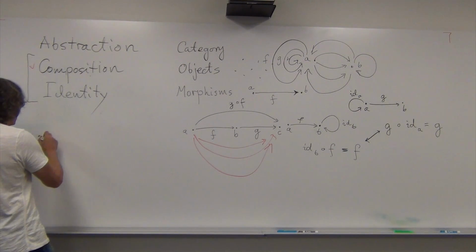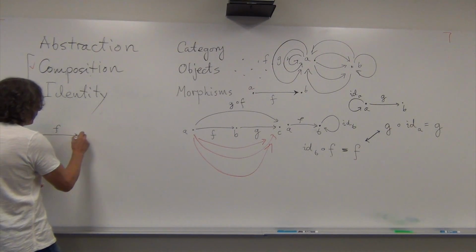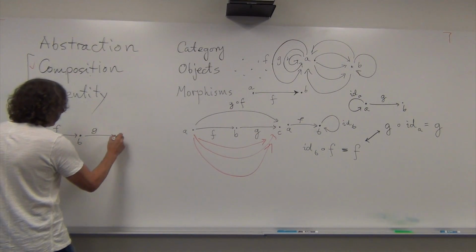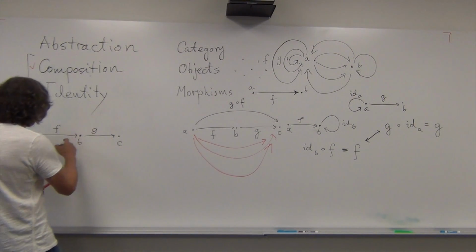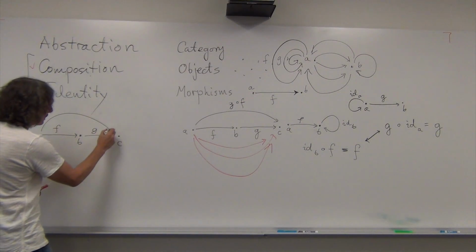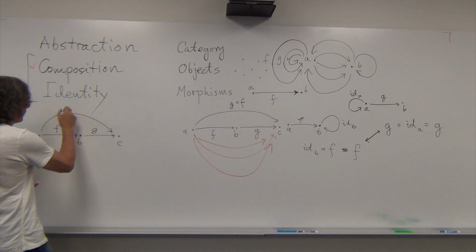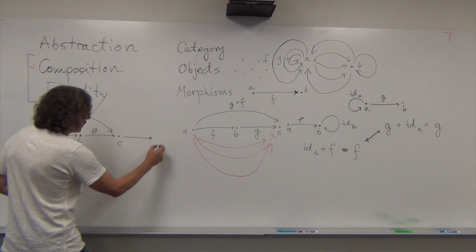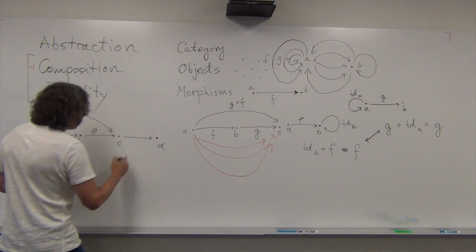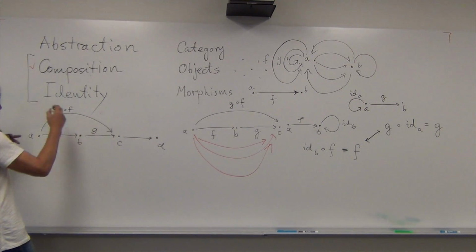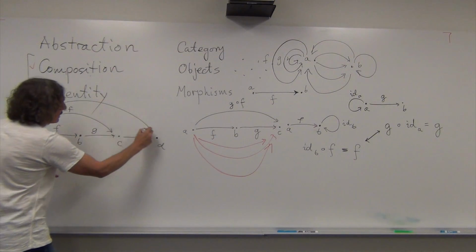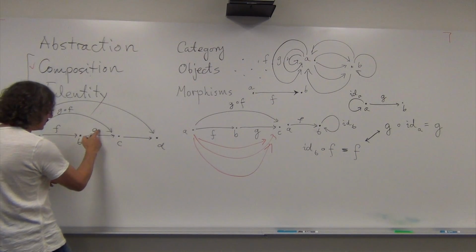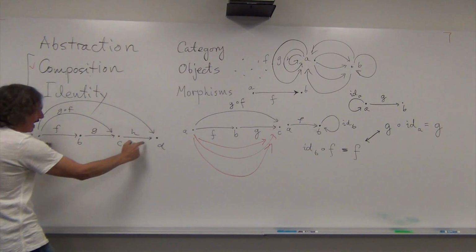We have object A, an arrow F to object B, then an arrow G to object C. You can combine these to have G after F. But if you have another one going to D, H, then we have three arrows.